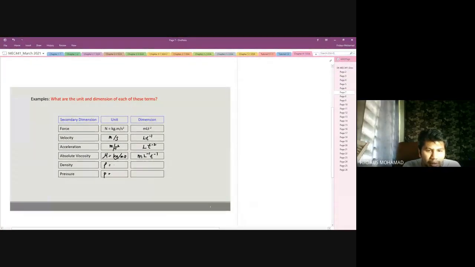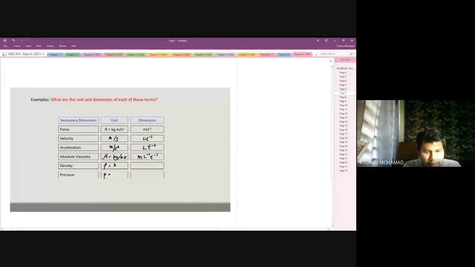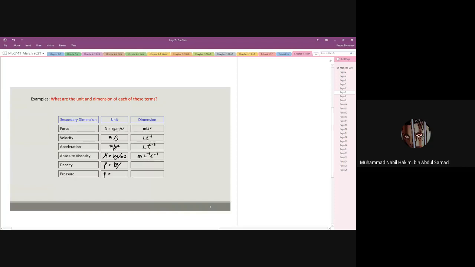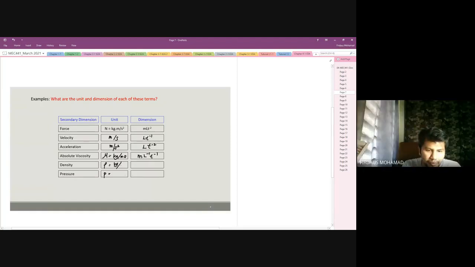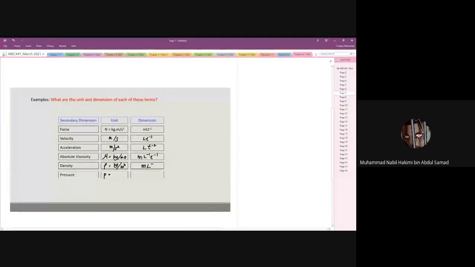Rho, unit dia apa ya? Rho, kg per meter cube. So dimension dia M L tolak 3, L power of minus 3.